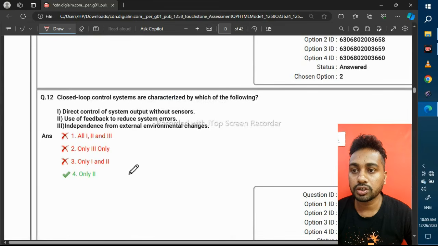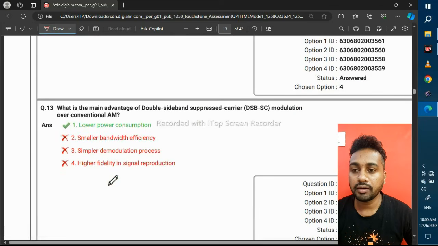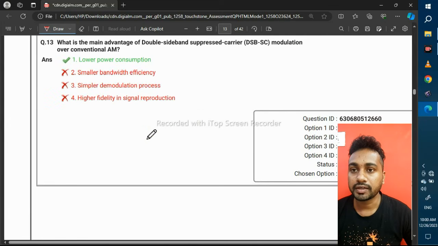Closed loop control uses feedback to reduce system error. This is correct, so option 2 is right. Okay. What is the main advantage of double sideband DSB-SC modulation over conventional AM? It will consume low power simply.